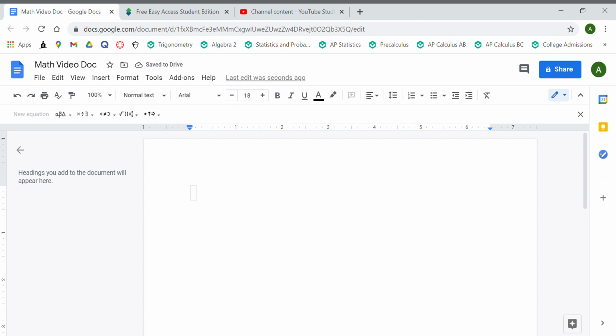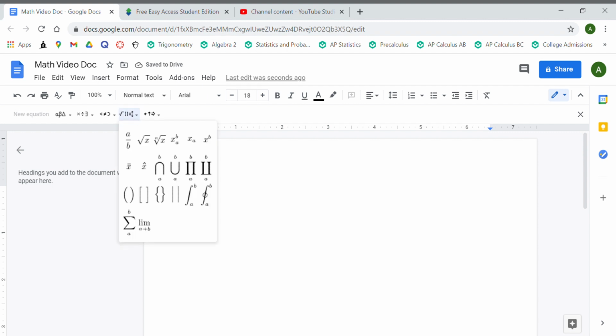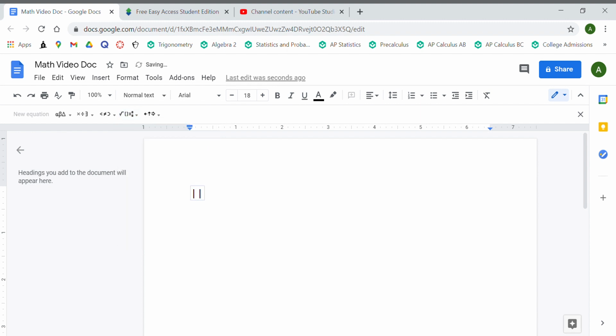We have the absolute value symbol right here. Alright, so let's say I give you an equation like the absolute value of x plus 4 equals 7.